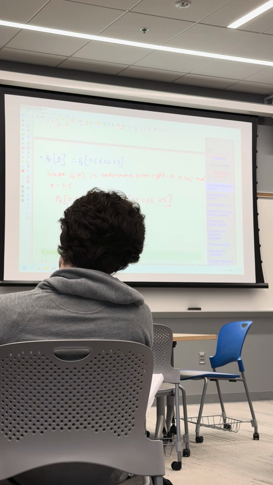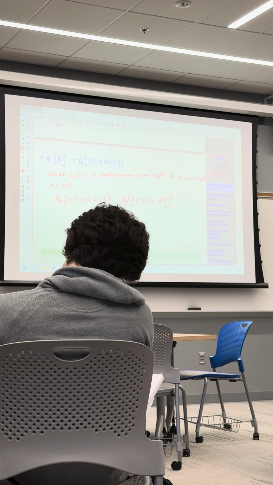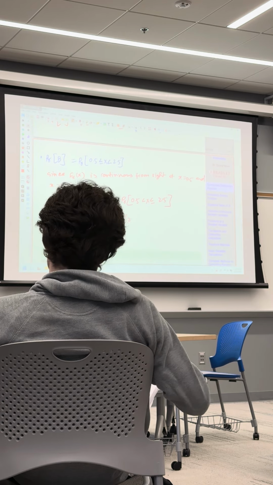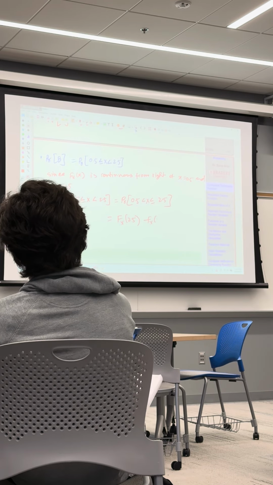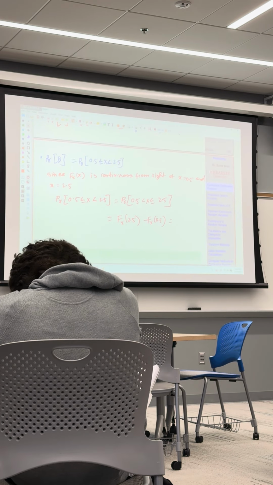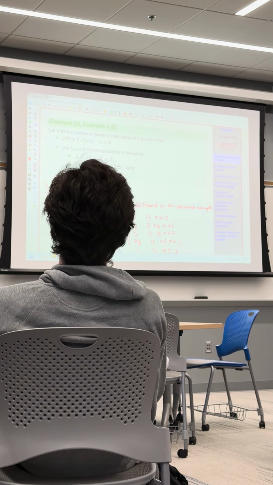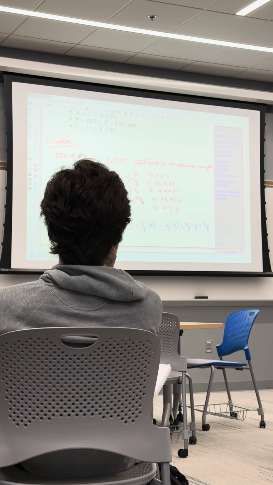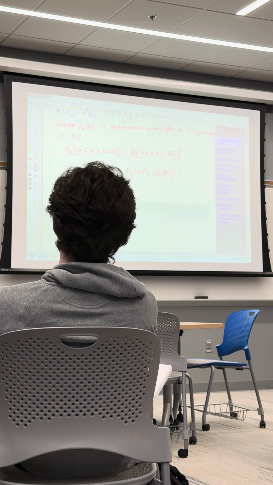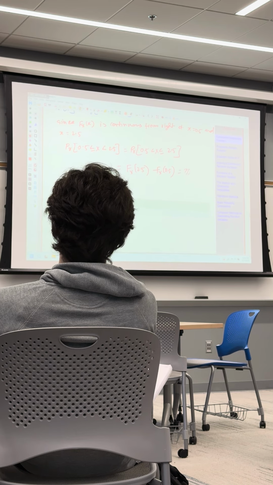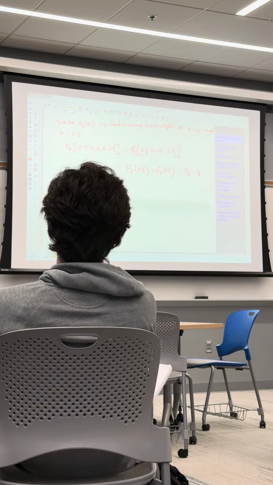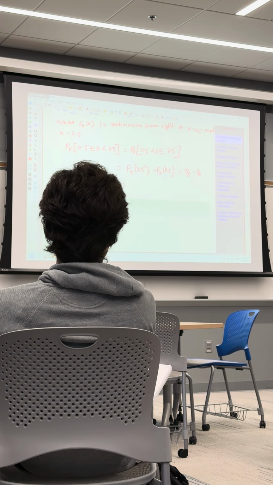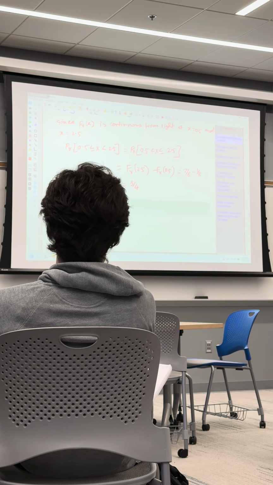So now you can simply write F sub X of 2.5 minus F sub X of 0.5. F sub X of 2.5 is 7/8 and F sub X of 0.5 is 1/8. So it is 3/4. So the probability of B is 3/4.